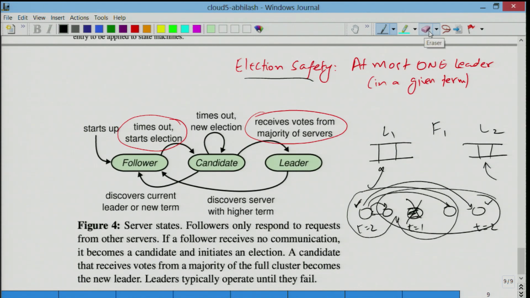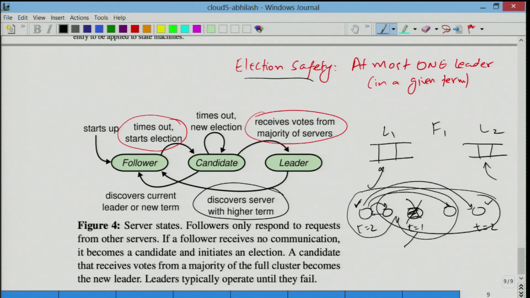So in this, does the failed leader also vote? No, the failed leader is dead, right? Maybe there is some network issue. If the failed leader restarts, let us say it was not able to send heartbeats and suddenly it is up again, as soon as it sees that there is voting going on for a higher term, it will become a follower.